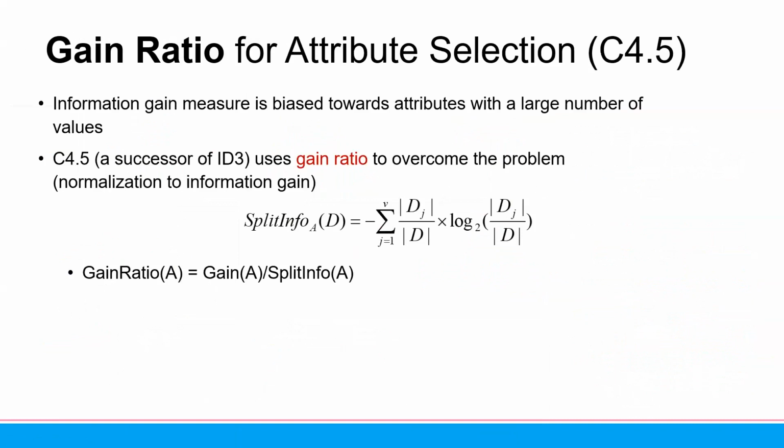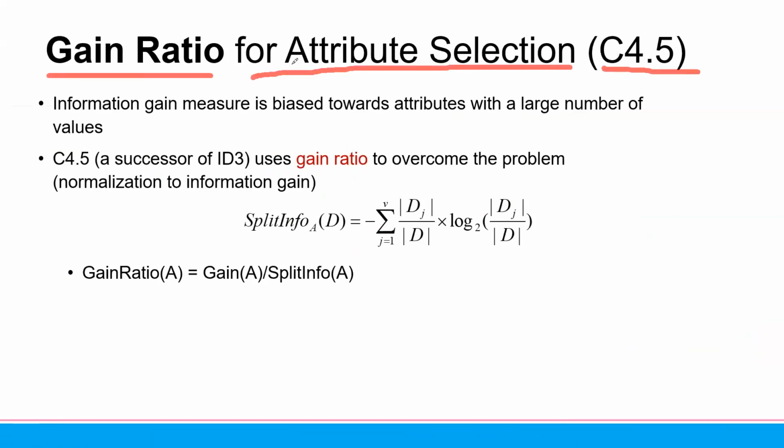The first part, we learned about information gain. Now we can use the gain ratio for attribute selection. We can use this in the algorithm C4.5. I'm not sure why they call the algorithm C4.5.